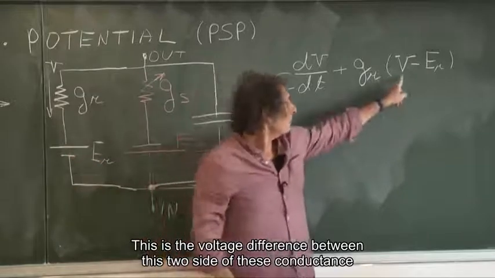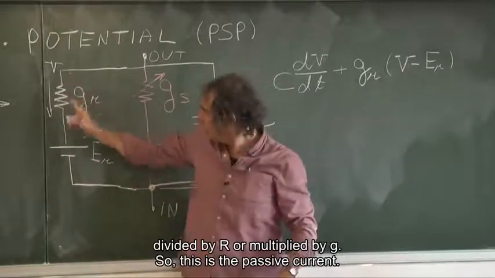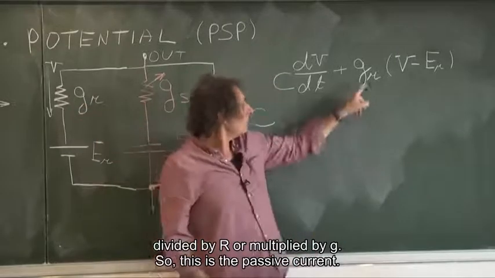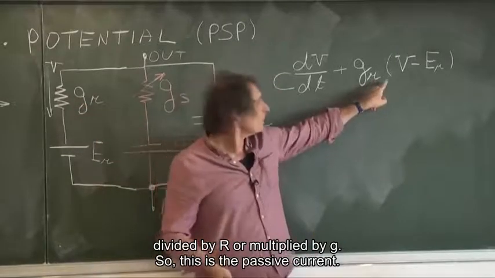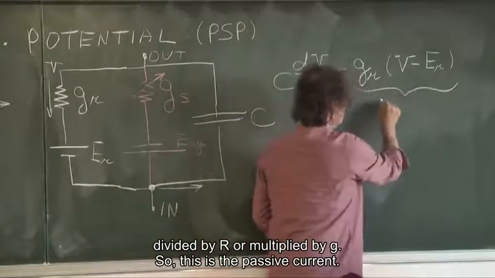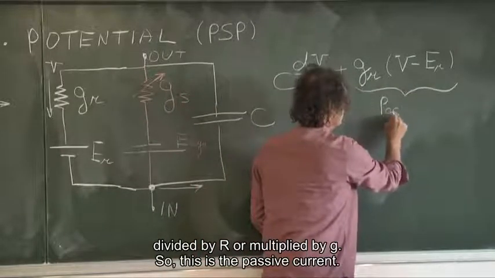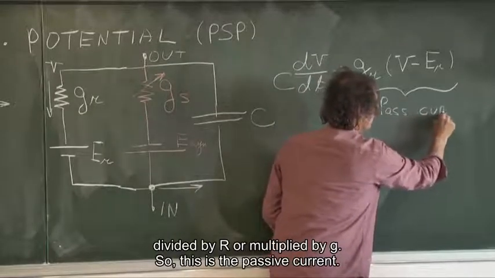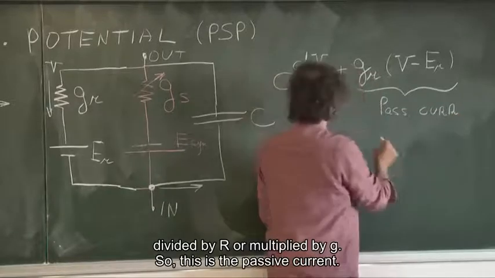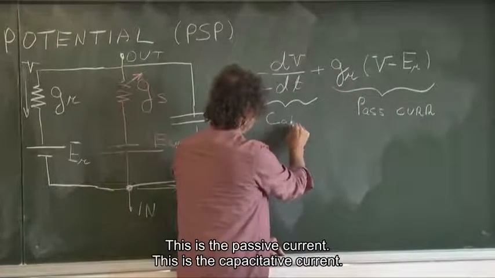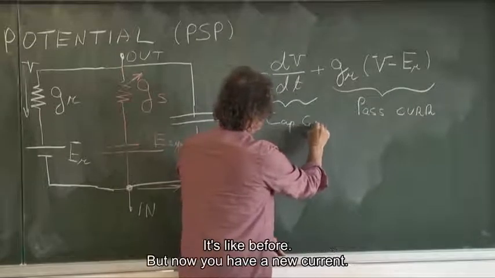This is the voltage difference between the two sides of this conductance divided by R or multiplied by G. So this is the passive current. This is the capacitive current. That's like before.